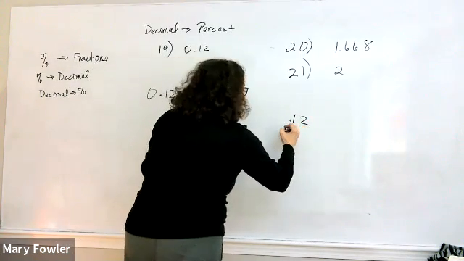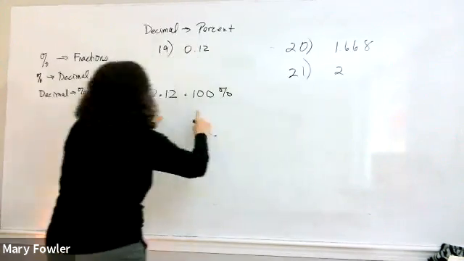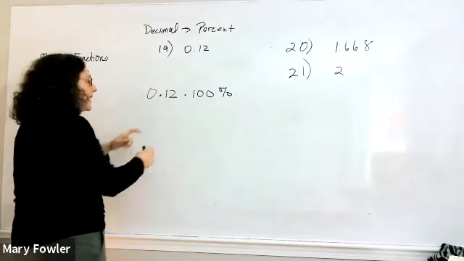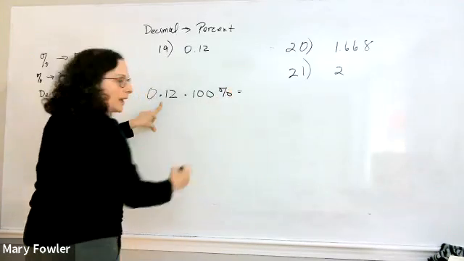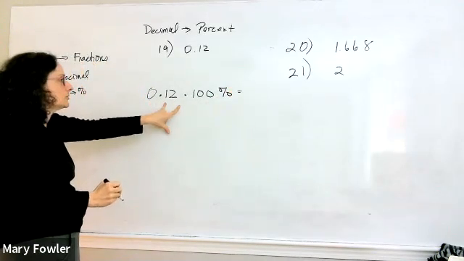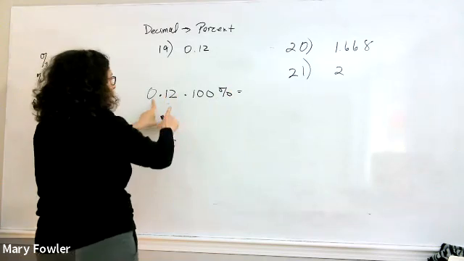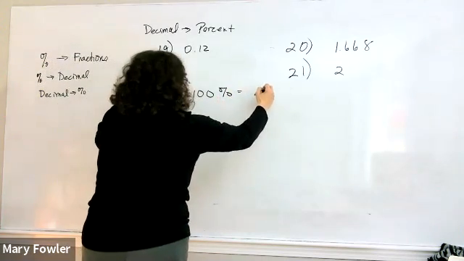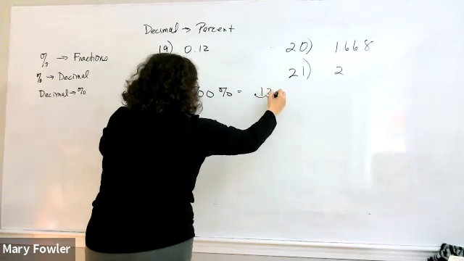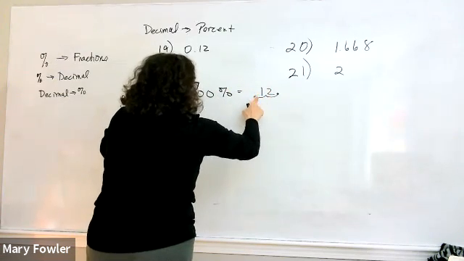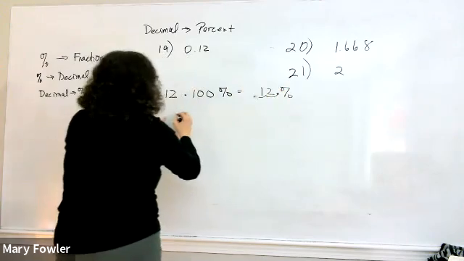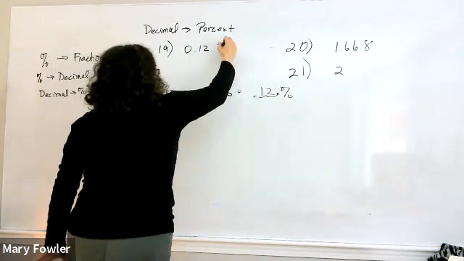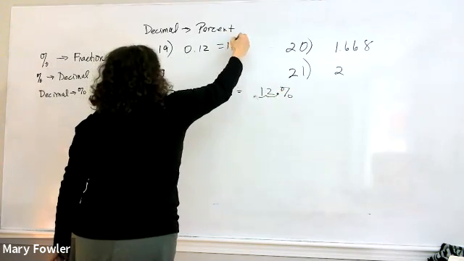I probably will stick with that. If you want to pause the video and work that out long, you can, but we did go through that quite a bit a week and a half ago. So 0.12 times 100 means we're going to move this decimal place twice to the right and add the percent. So 0.12 is equal to 12%.